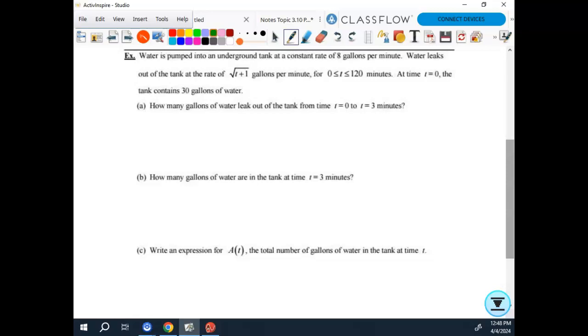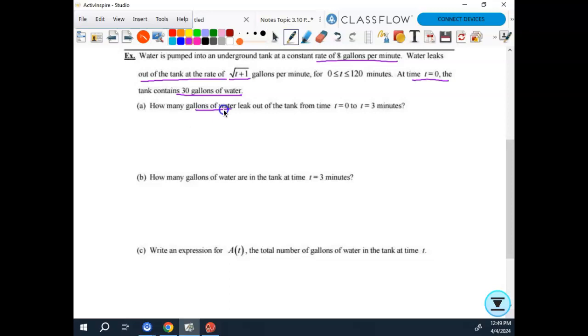Yes? No? Maybe? Okay. This says water is pumped into an underground tank at a constant rate of 8 gallons per minute. Water leaks out of the tank at this rate. At time t equals 0, the tank contains 30 gallons of water. How many gallons leak out of the tank from 0 to 3?